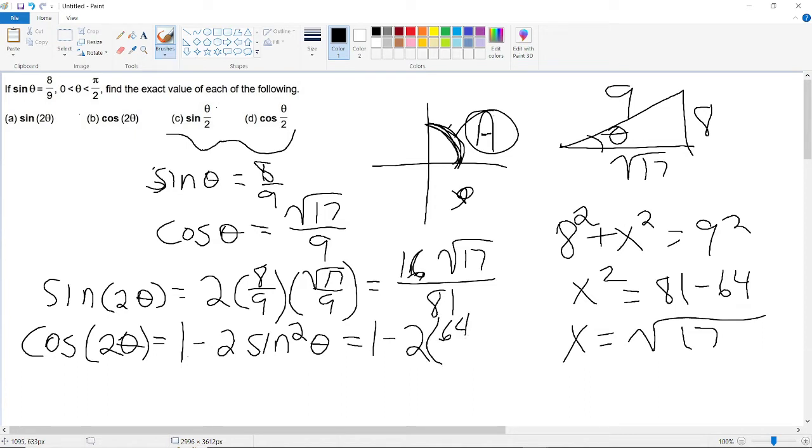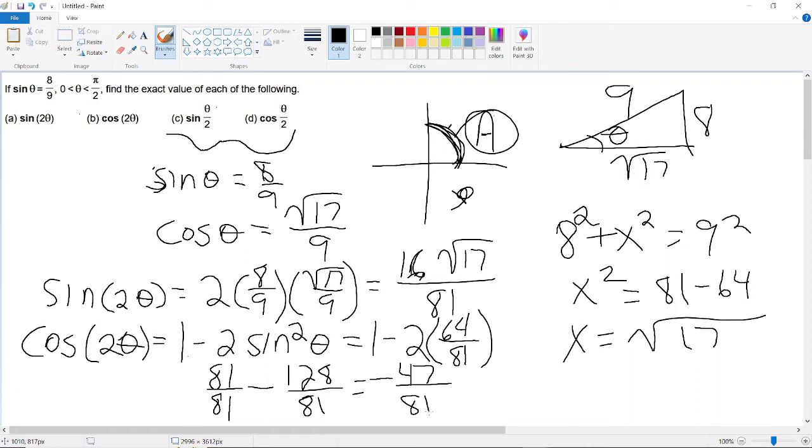I'm using a common denominator: 81 over 81 minus 128 over 81. That equals negative 47 over 81, which is the cosine of 2 theta.